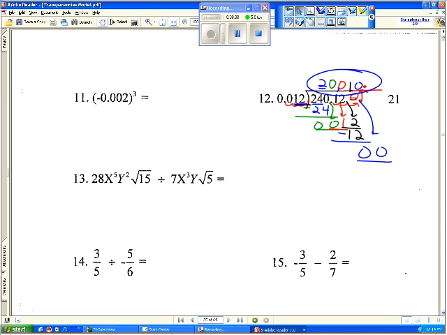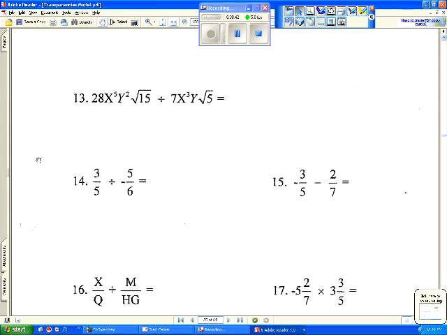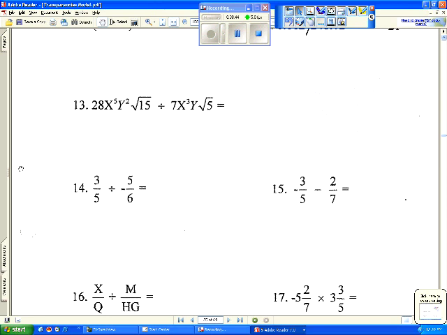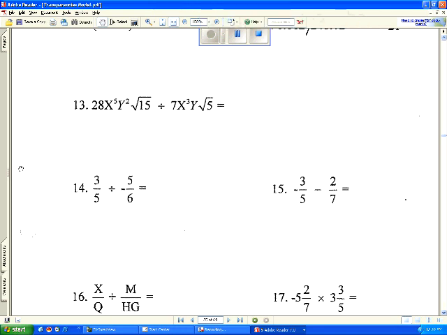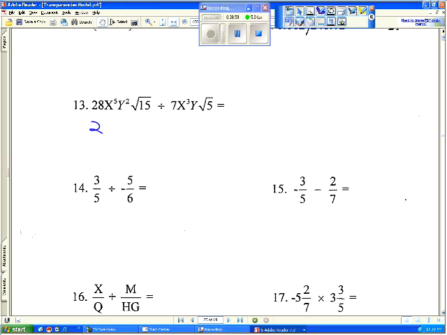Number 13. Number 13 is a division sentence. We can divide or reduce the numbers, divide or reduce the names. We could rewrite this as a fraction because that division is really a fraction bar.